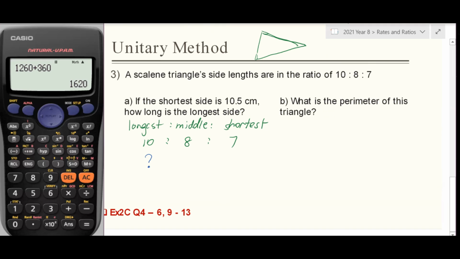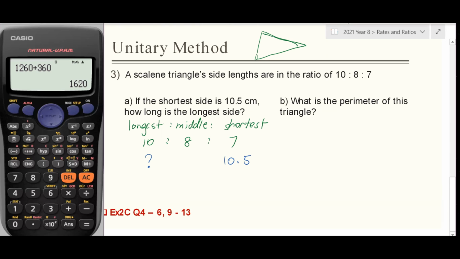And it is then giving us the shortest side, which is 10.5, so I will write it under the shortest column. We don't really need to know how long the mid-length one is, so we're just concerned with these two that are given to us.